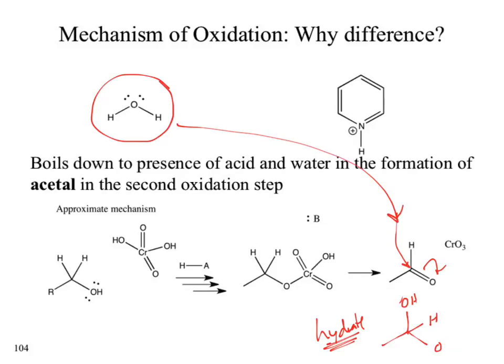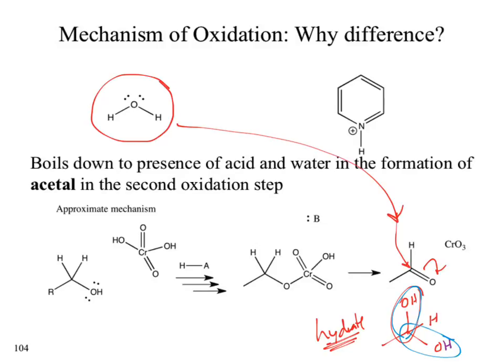What do I now have? What are those? Alcohols. What reacts with chromic acid? Alcohols. In the presence of water, the aldehyde becomes a hydrate, which is now an alcohol.